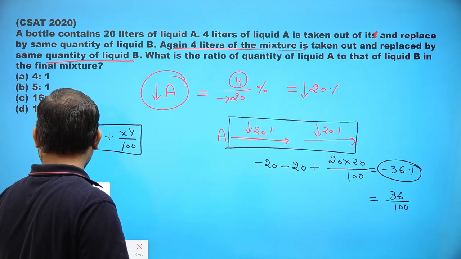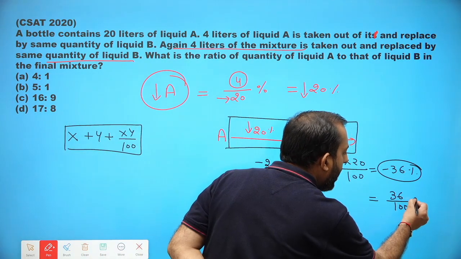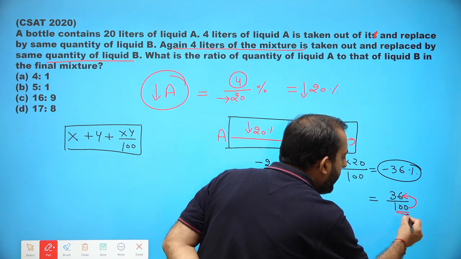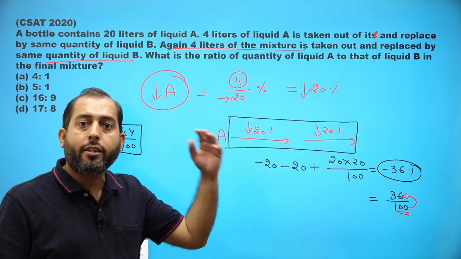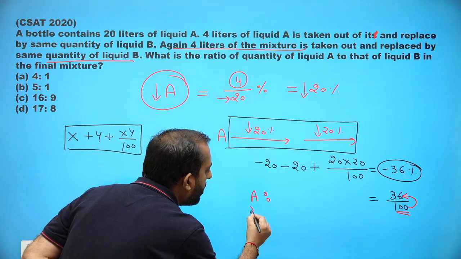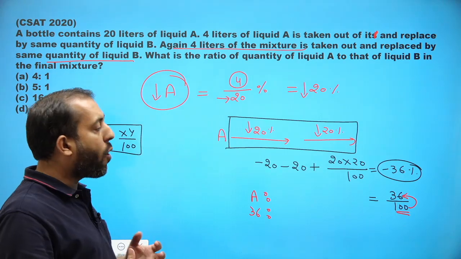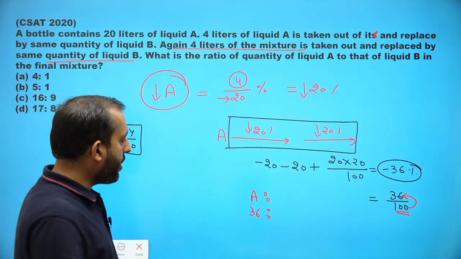Meaning, if liquid A was 100 initially, it will be 64 in the end. So now liquid A is 64, and the remaining should be the quantity of the new liquid.